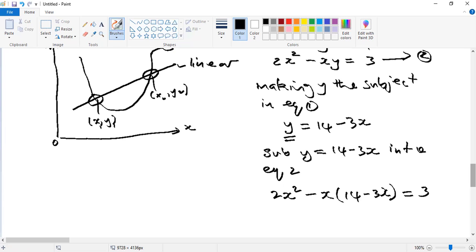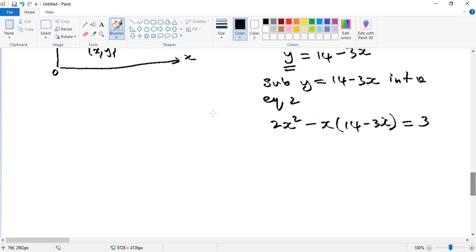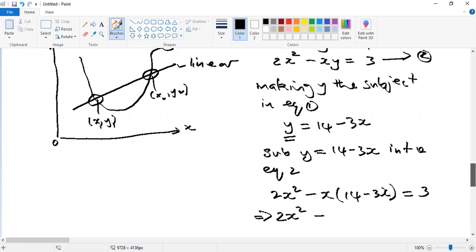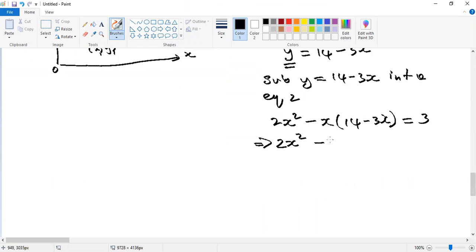If I don't put it in a bracket, then I run the risk of just multiplying it by the first term beside the x, probably just multiplying it by 14. So we multiply it out and simplify. So this becomes negative 14x, and then this becomes a positive, negative times negative positive 3x squared, equals 3.